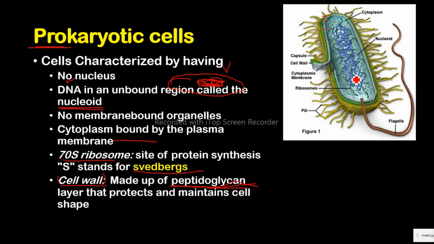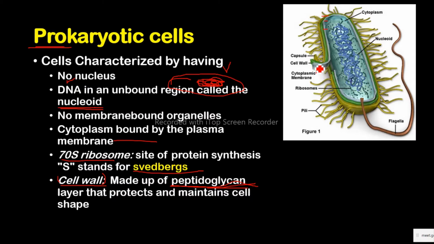So this is our nucleoid region, and the whole of this is the cytoplasm. These tiny particles you are seeing are ribosomes. Then you find a plasma membrane, here labeled as the cytoplasmic membrane.